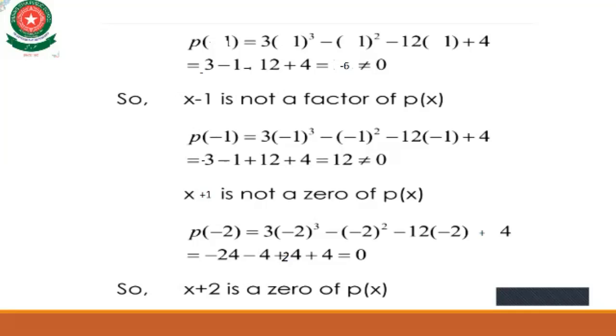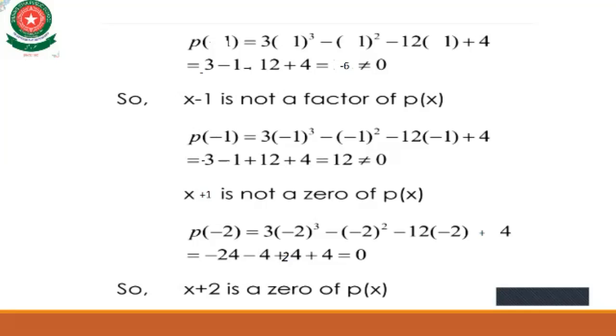Minus 1 square is equal to plus 1, so minus 1. Minus minus plus 12 ones are 12, and plus 4. That is equal to 12. And as you can see, that is also not equal to 0. So we can say that x plus 1 is not a factor of P of x.